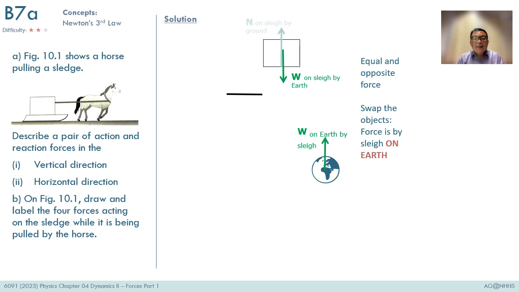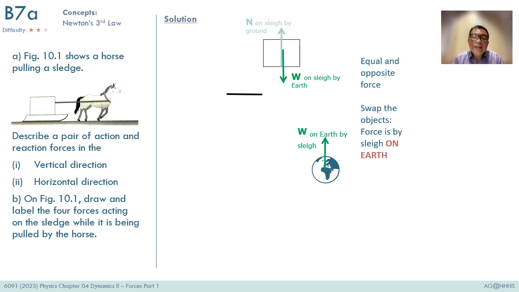A second force that acts on the sleigh is the blue force, drawn in blue, which is the normal contact force. This is the normal contact force that supports the sleigh. So it's acting on the sleigh, supporting the sleigh, and it is caused by the ground. So I've labeled it accordingly.